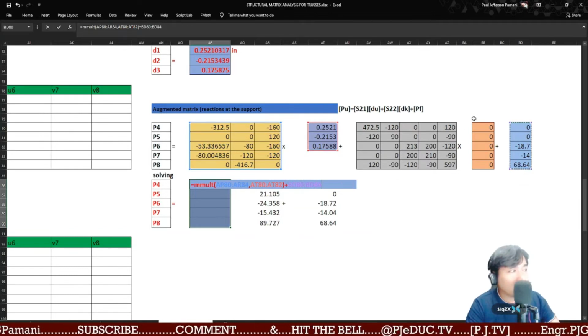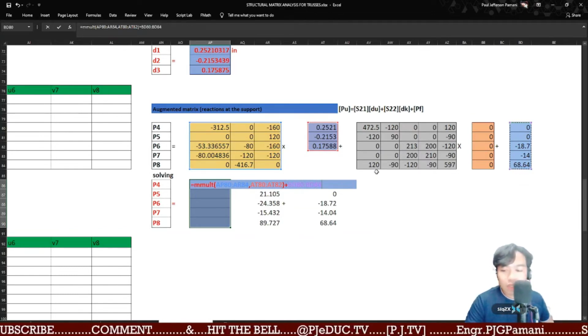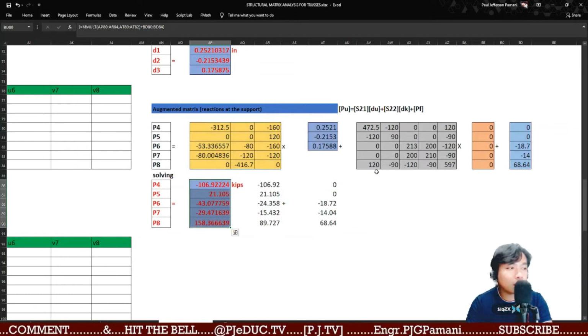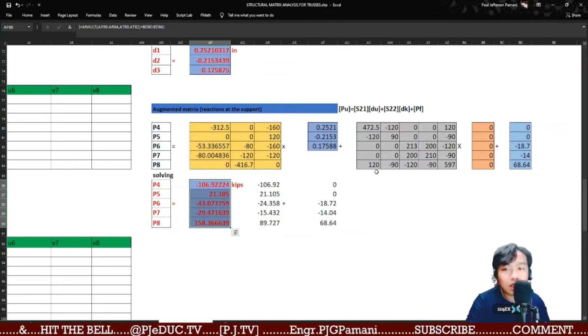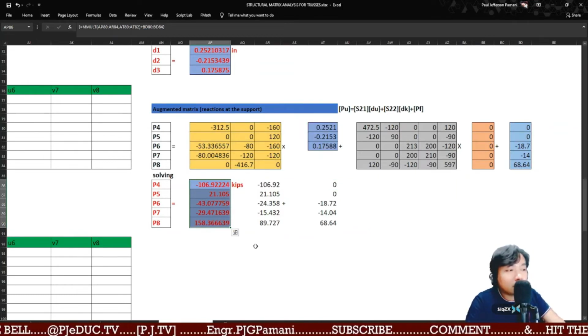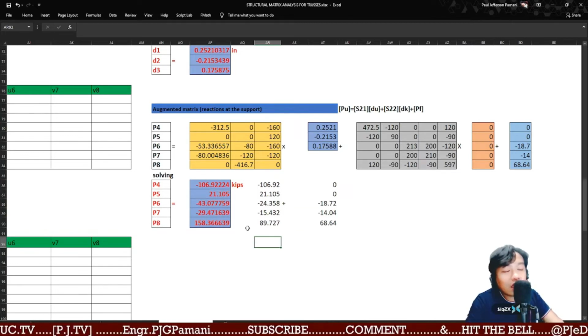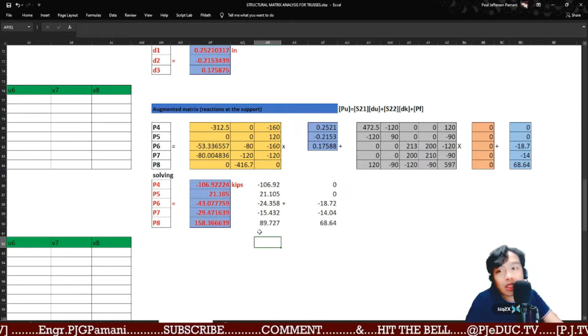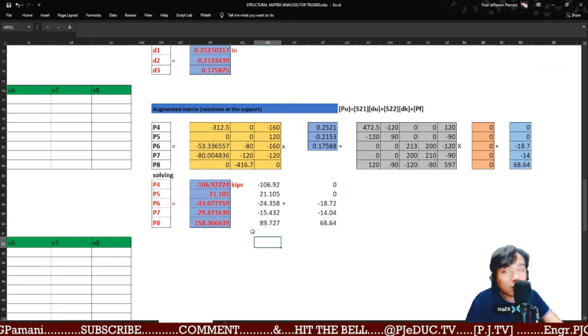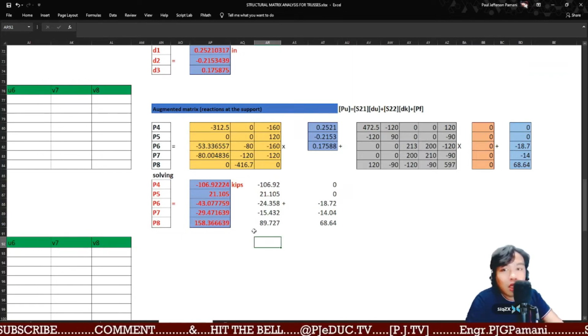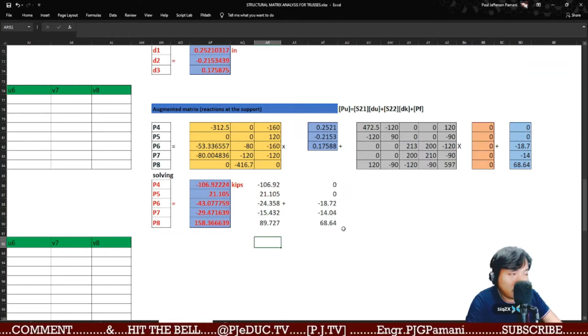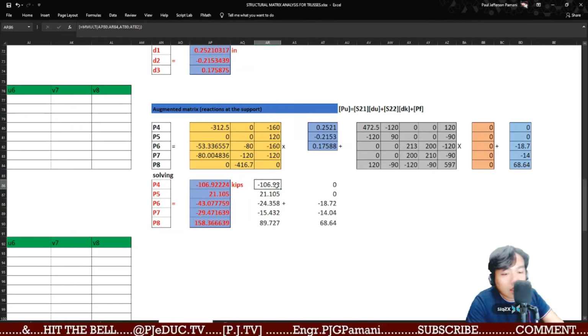Kasi 0 na to. Then, Control-Shift-Enter to perform the formula. So, yan na ngayon yung ating mga reaction directed at the supports. Joint 1, 3, and 4. Naintindihan?